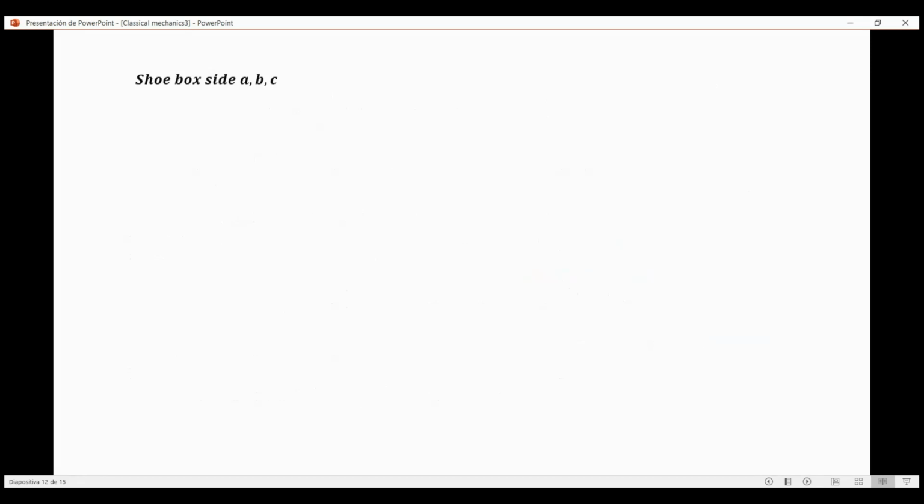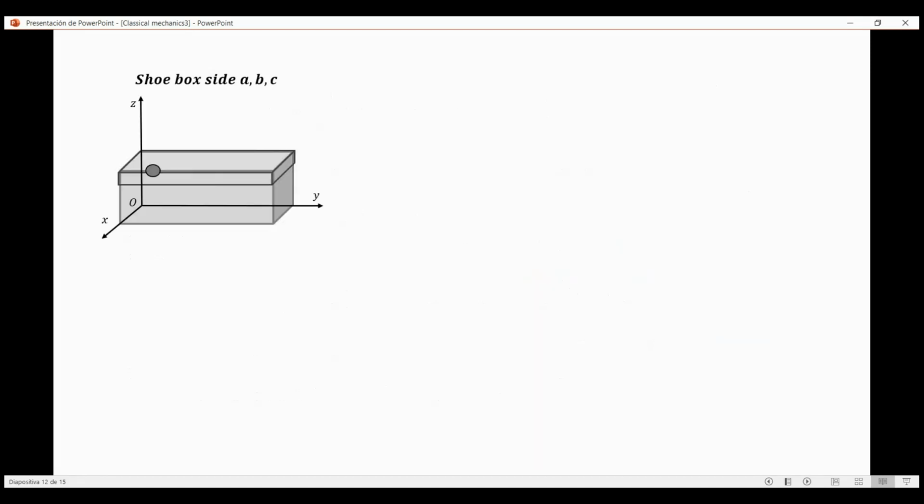So, for example, we have a shoebox of sides A, B, and C, and imagine we have a particle that moves along the y-axis, one of the sides. So the description of this is x is constant, z is constant, the height, and the only thing that varies is y. So the position vector is simply x0, let's say that x is x0, that it is constant, and z is z0, that it is constant.